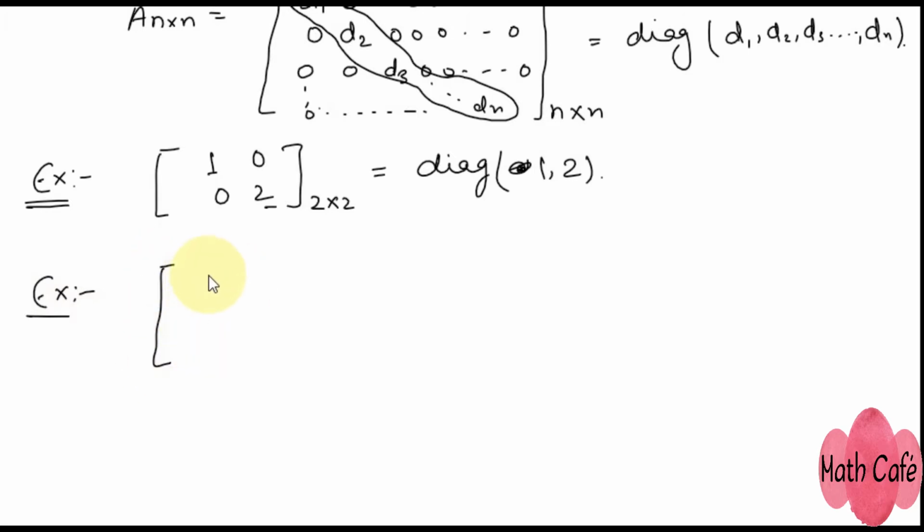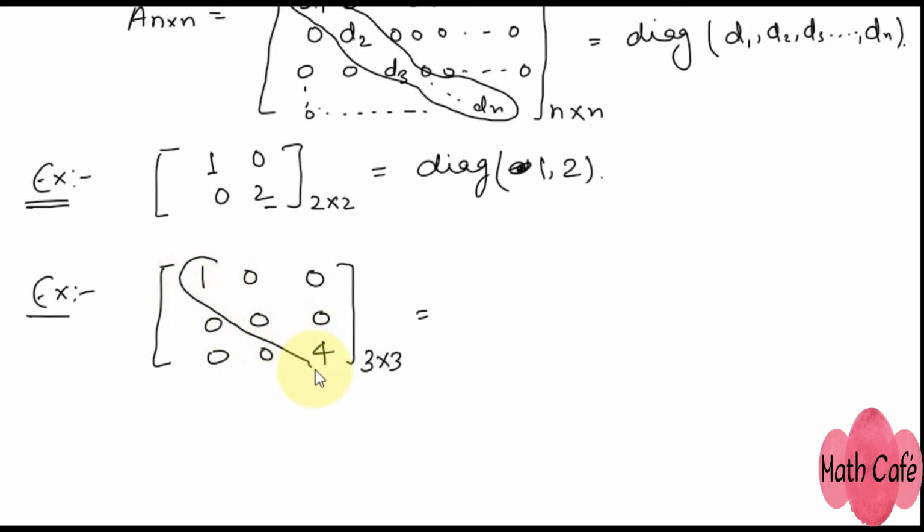If I have a 3 cross 3 matrix 1 0 0, 0 0 0, 0 0 4. All right, so this is a 3 cross 3 matrix, and we can say that this is diagonal matrix because not all the diagonal elements are 0, but all the non-diagonal elements are 0.